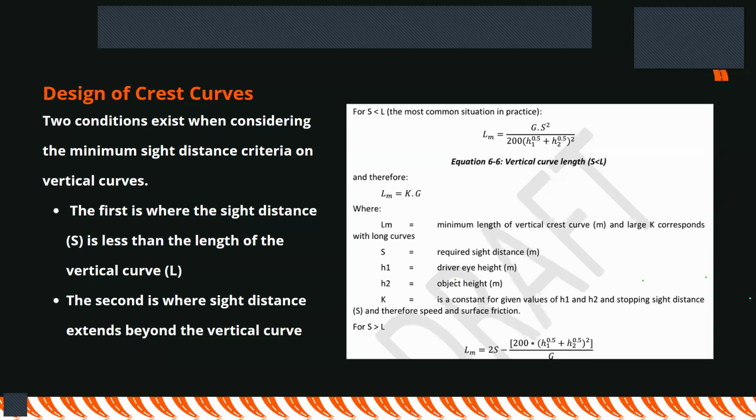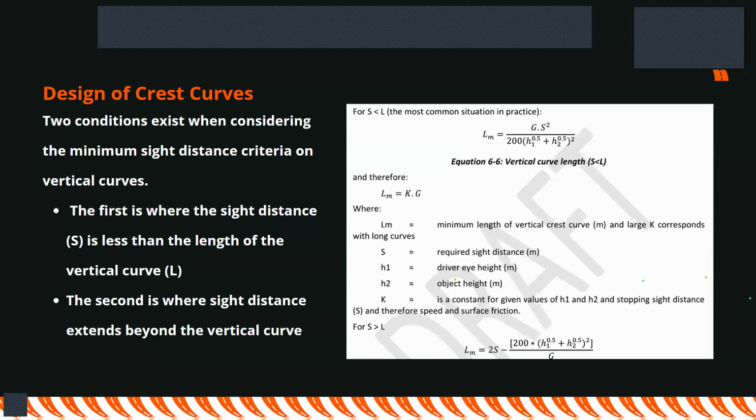Now, let's talk about crest curves in particular. There are two conditions when we are considering the minimum sight distance criteria for a vertical crest curve. The first condition, and I want you to take note of this, these are two conditions. As you do your design, you must be aware of which scenario is applying where.